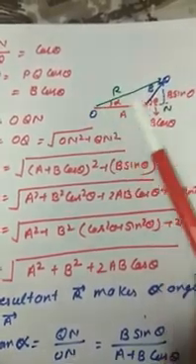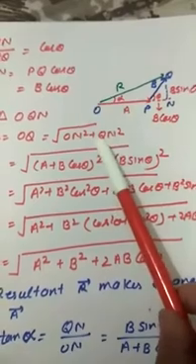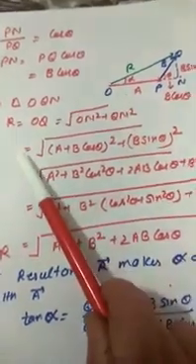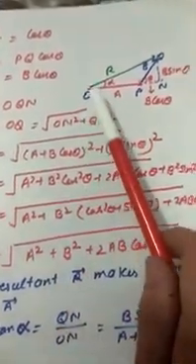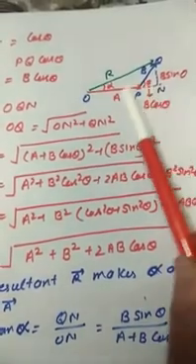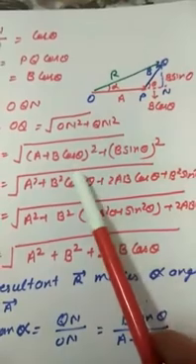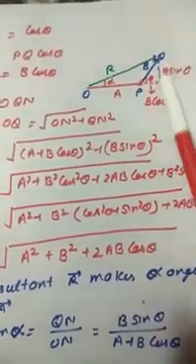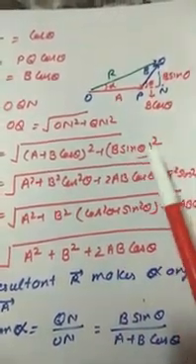OQ square is equal to ON square plus QN square. What is OQ? That is R. And what is ON? ON is OP plus PN, this is A plus B cos theta. And what is QN? B sin theta, its whole square.